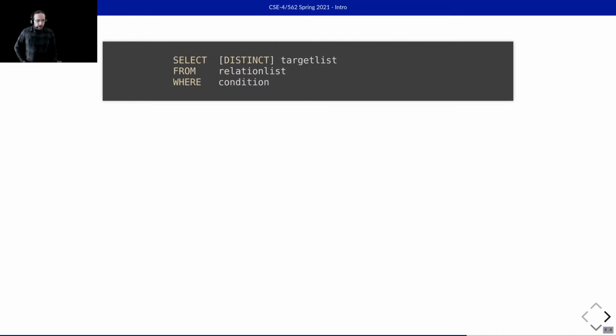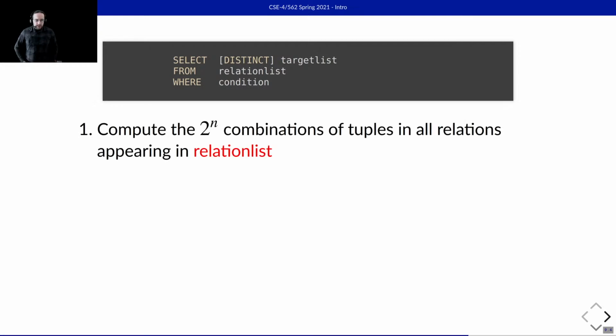Now, the naive way of implementing SQL is to take all of the possible combinations of tuples in the relations: one tuple from relation one, one tuple from relation two, one tuple from relation three, and so forth, giving the full combinatorial collection.